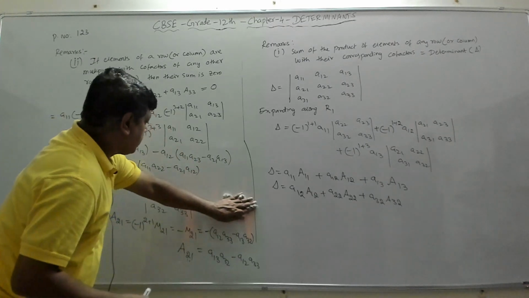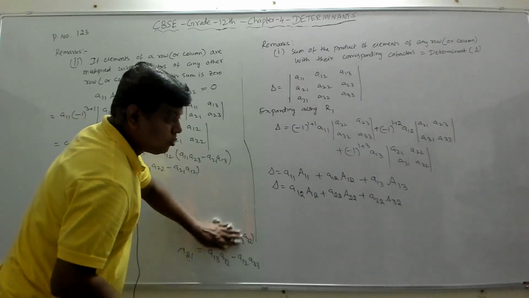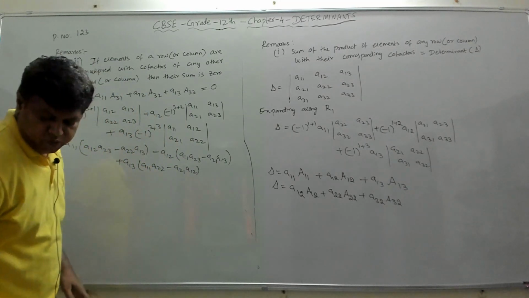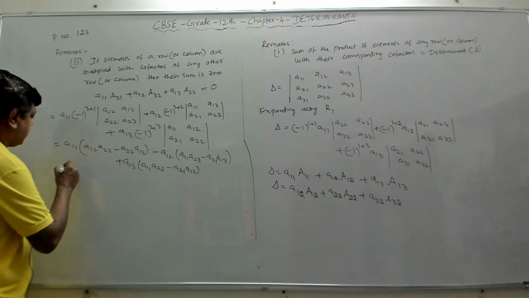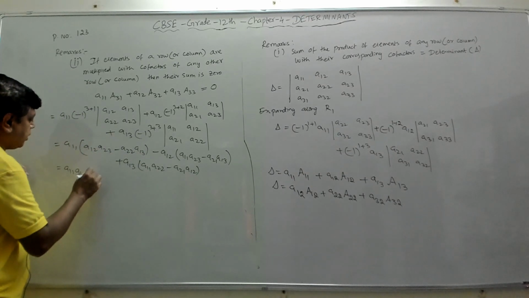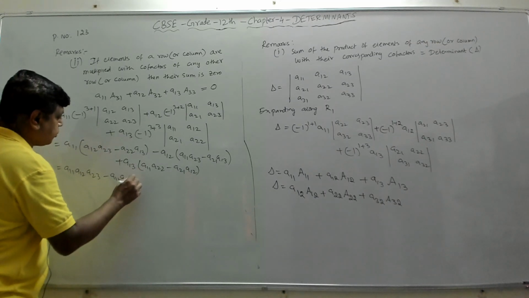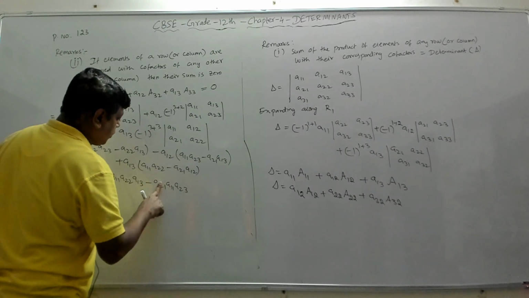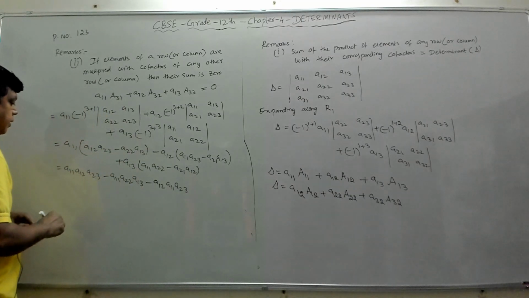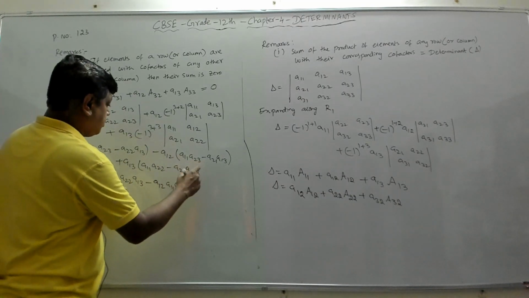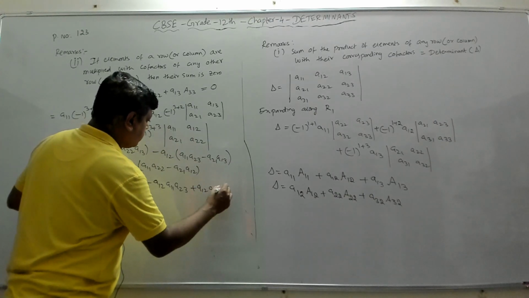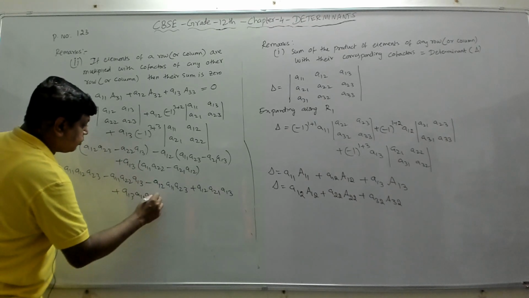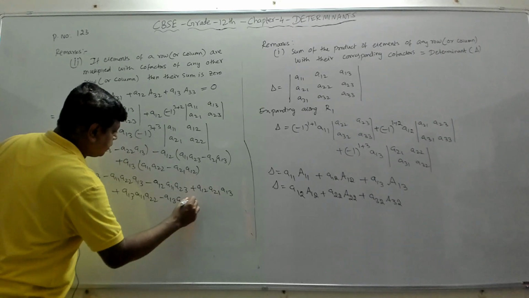Simplifying further, we get A11, A12, A23 minus A11, A22, A13 minus A21, A12, A13 plus A12, A21, A13 plus A13 into A11, A22 minus A13, A21, A12.